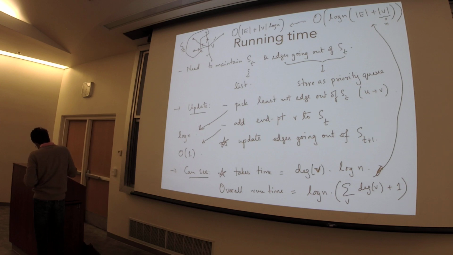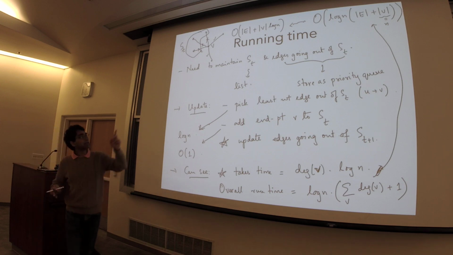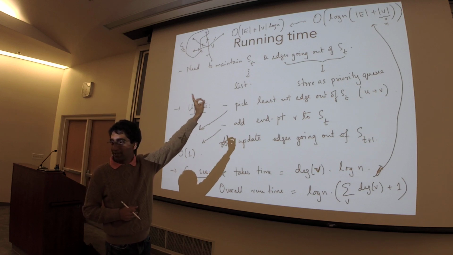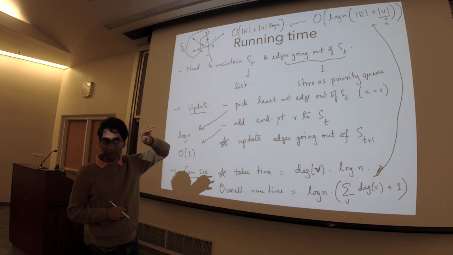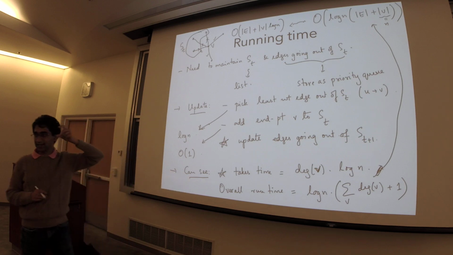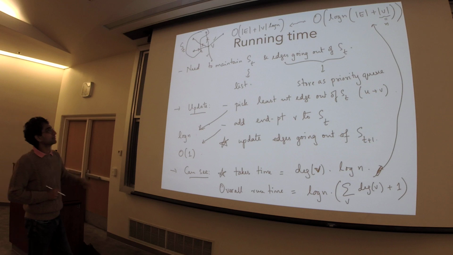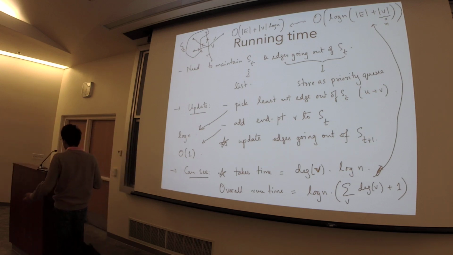So it turns out that instead of multiplying the whole thing by log n, you can just multiply the v part by log n if you're a bit careful and use a slightly more clever data structure. So I won't get into this because for our purposes log n is somewhat small, so a slightly higher running time is fine.